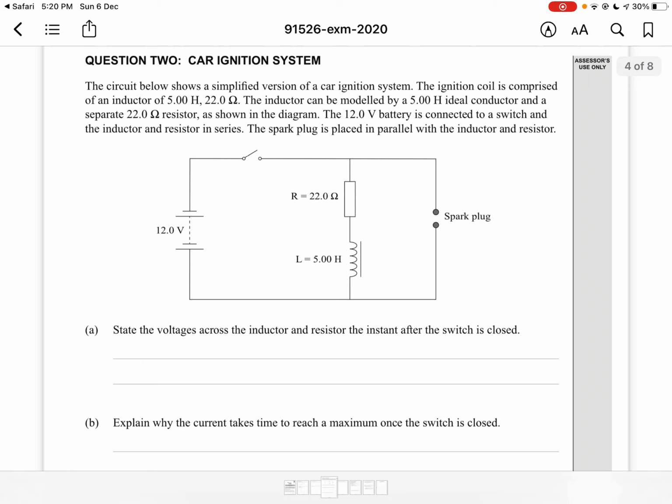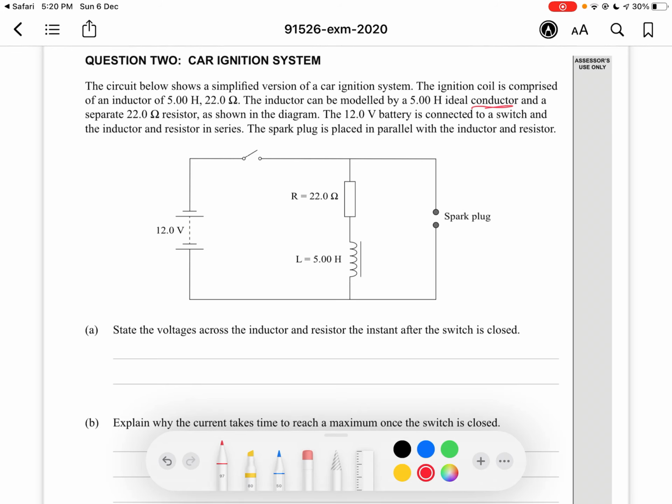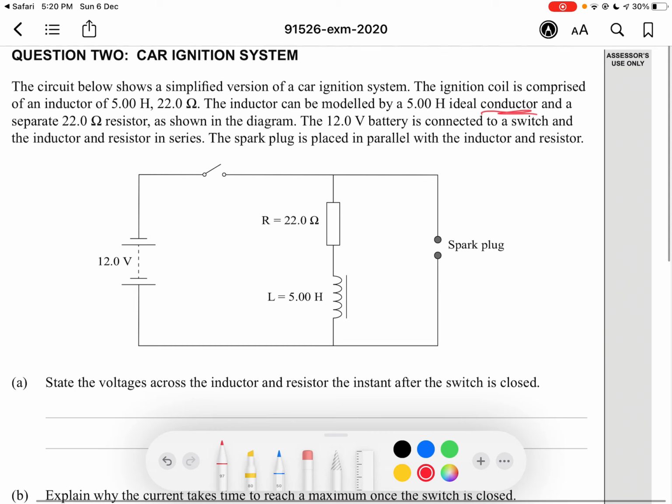Question 2. The circuit below shows a simplified version of the car ignition system. The ignition coil is comprised of an inductor of 5 henries and 22 ohms. The inductor can be modeled by a 5 henry ideal conductor. Well, I think that's meant to say inductor, not conductor. That's a typo from them.